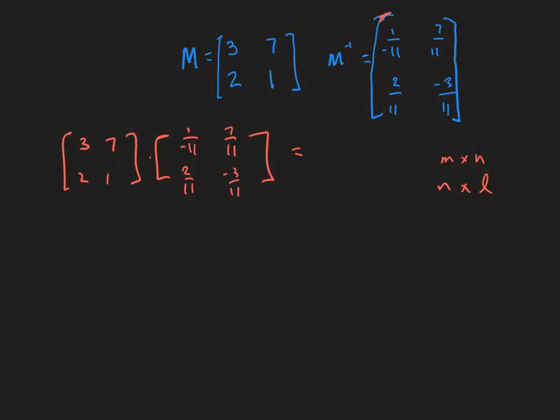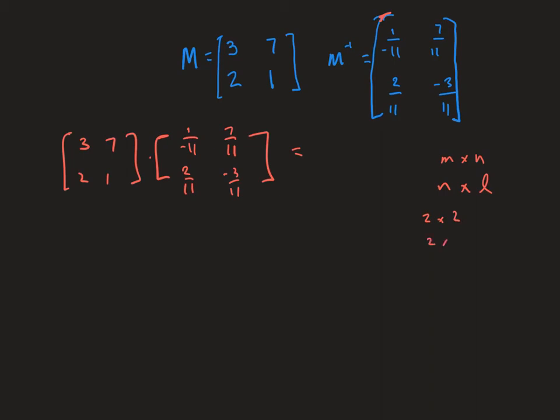The only thing we need to check when we do matrix multiplication is that the second dimension of the first matrix equals the first dimension of the second matrix. This is a little more complicated, but I'm going into it for some of you who might be interested. If we look at our first matrix, it's 2 by 2.